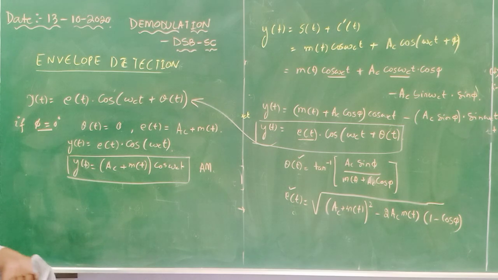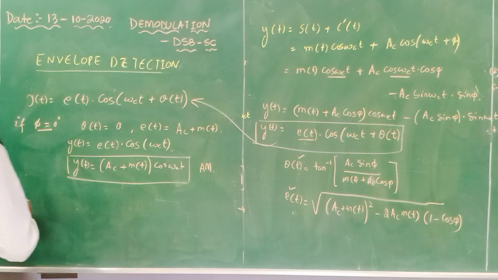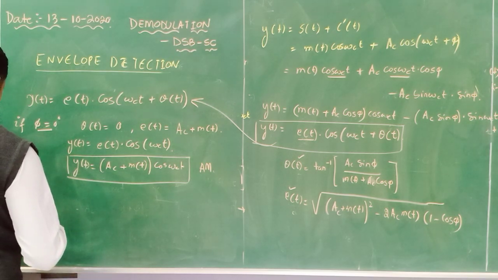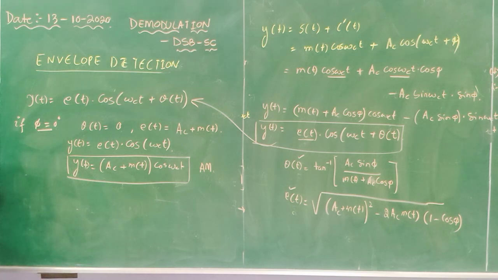Now a few equations are left. I will write those equations and we will wind up. So E of t if phi is not equal to 0.